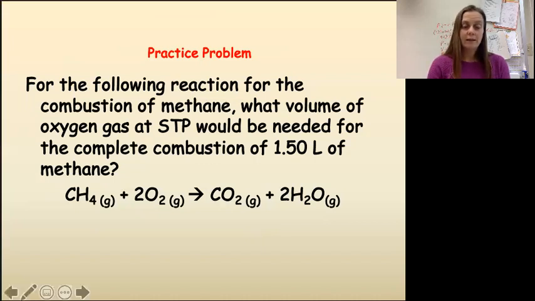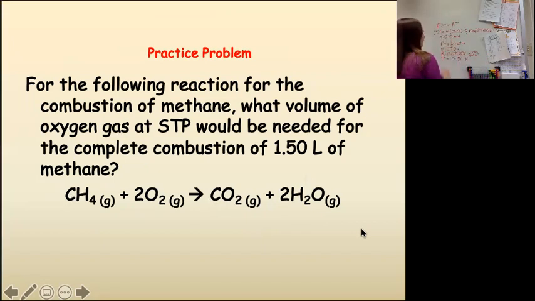So in this practice problem, we have 1 mole of methane reacting with 2 moles of oxygen to give 2 moles of carbon dioxide and 2 moles of water. So if we want to know what volume of oxygen gas would be needed for the complete combustion of 1.50 liters of methane, it's a super simple problem.